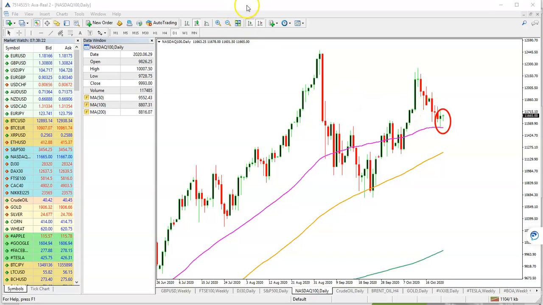So let's see if the index can really stay above that, and more importantly, if the index is going to continue its journey towards its next resistance level, folks, and that resistance level being just right over here. This is your resistance level in terms of the Dow Jones, and in terms of the support zone, this is the price level. So this is your support and this is your resistance.